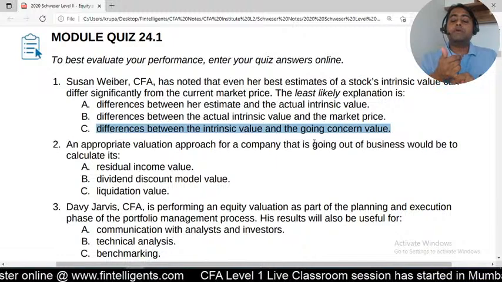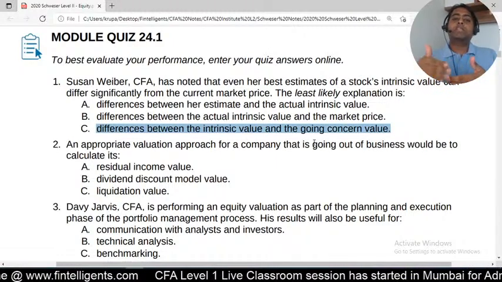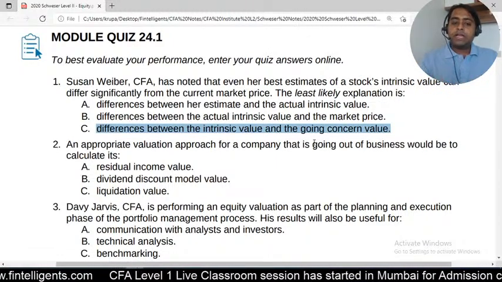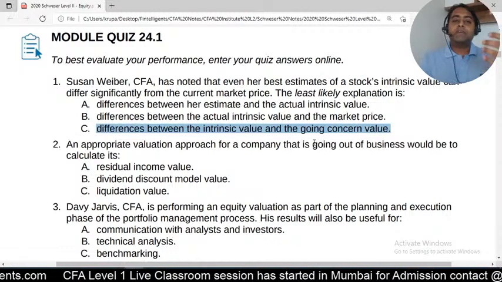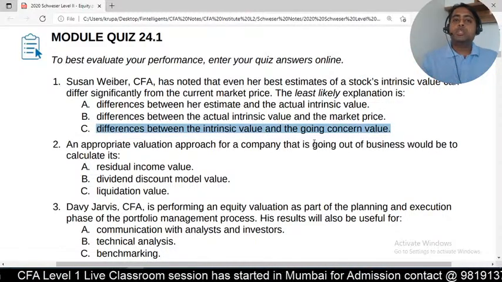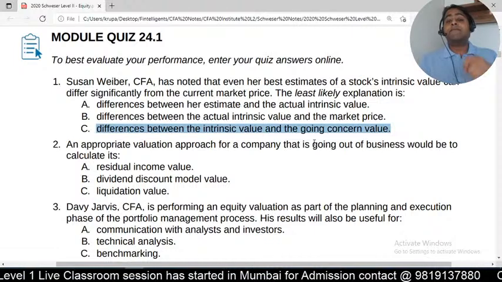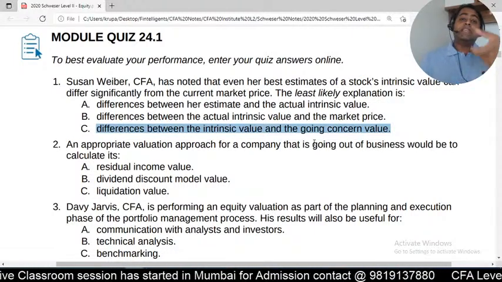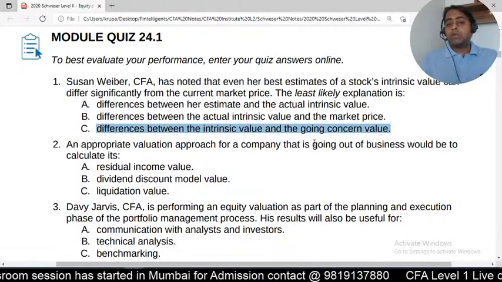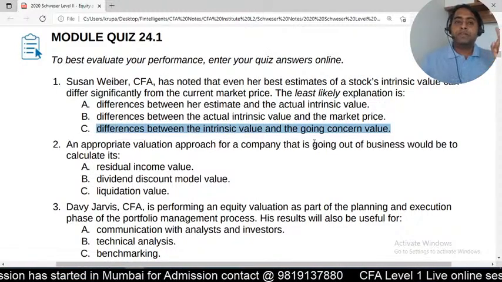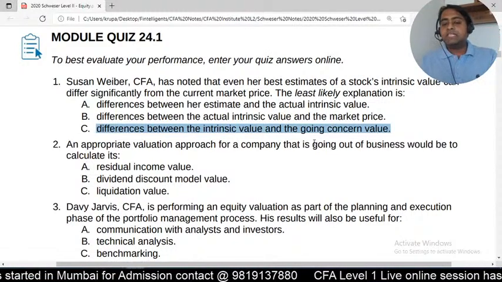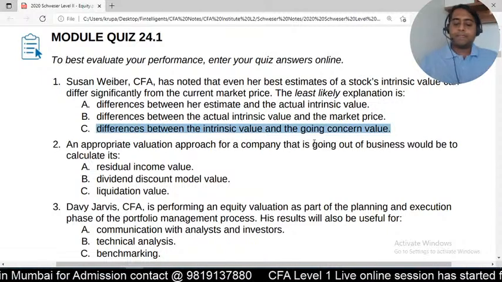Because you cannot use the dividend discount model, since the dividend discount model is based on future cash flow. Residual income is basically whatever cash flow you are getting, you remove the capital charge, see what is the value add and the leftover income, then you calculate. That is one more method that we will be seeing in the future. The answer over here is C.